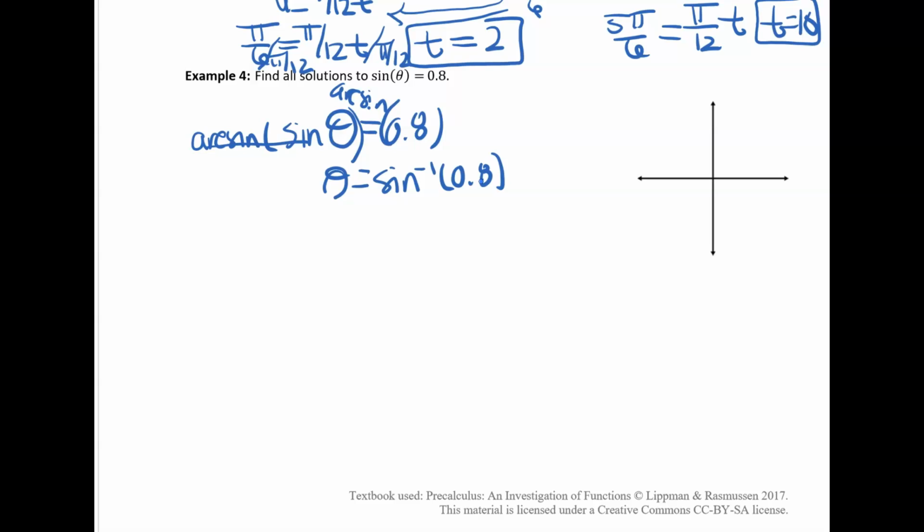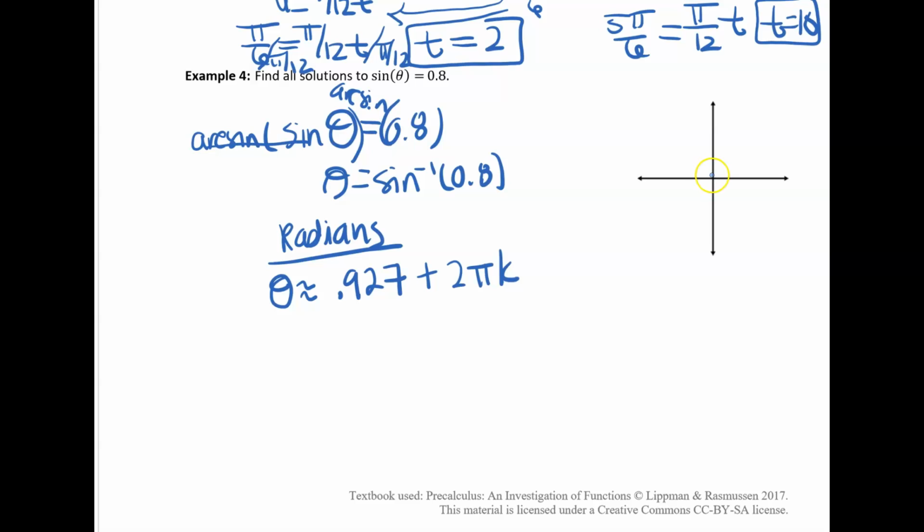And if I go in here and I say, okay, well, in radians, I type that in because it's not something that's on my unit circle. That gives me theta to be equal to 0.927. Find all solutions, so I need to say plus 2 pi k like we did earlier.